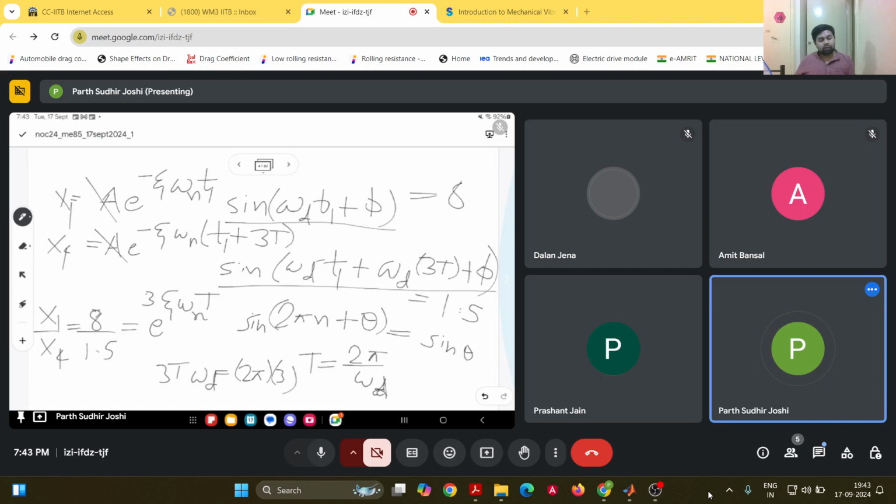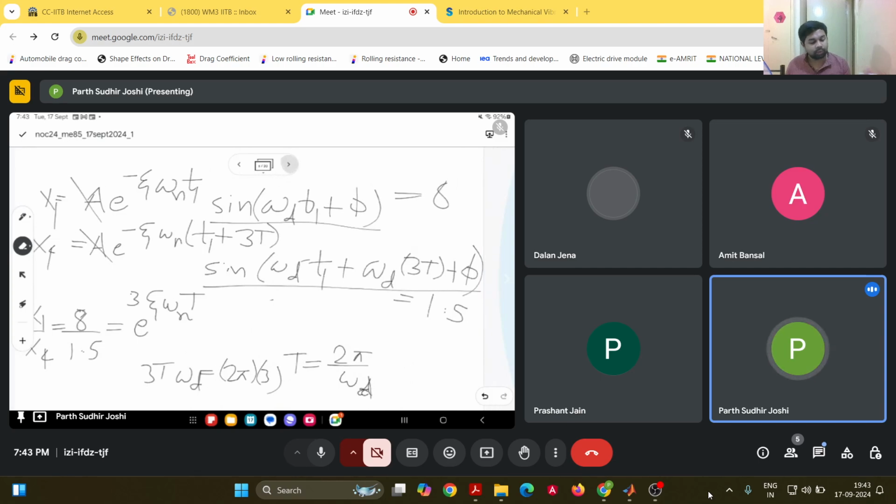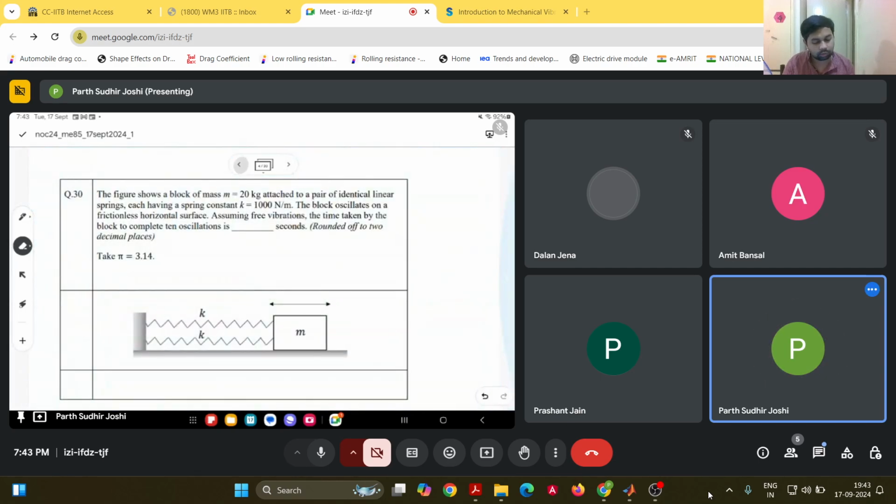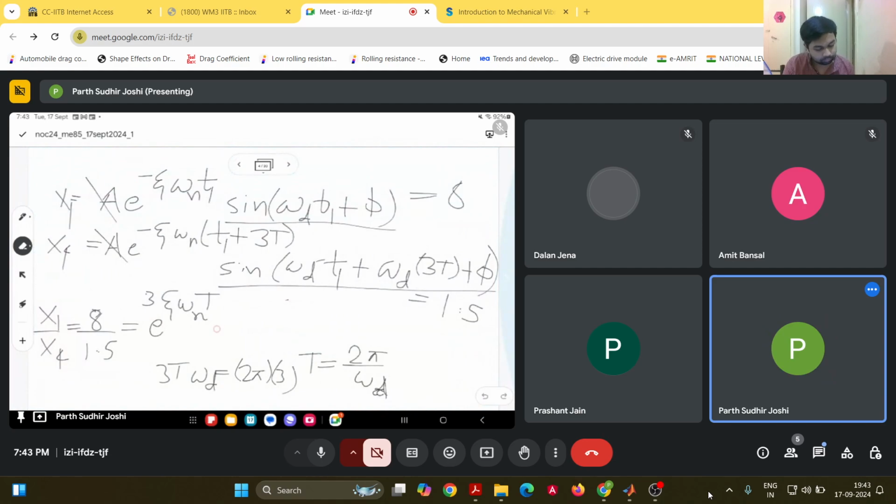The only term left is the ratio x1 by x4, which is e to the power 3 zeta omega n T.